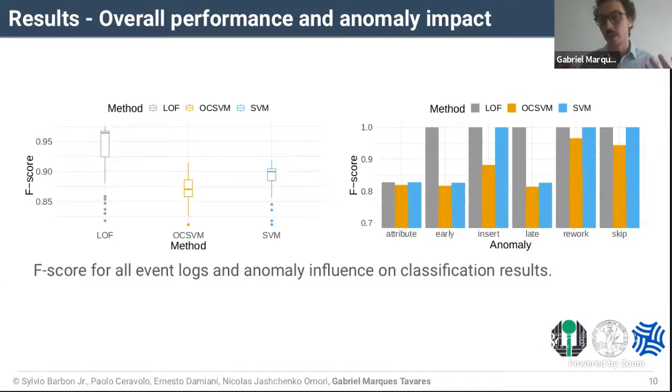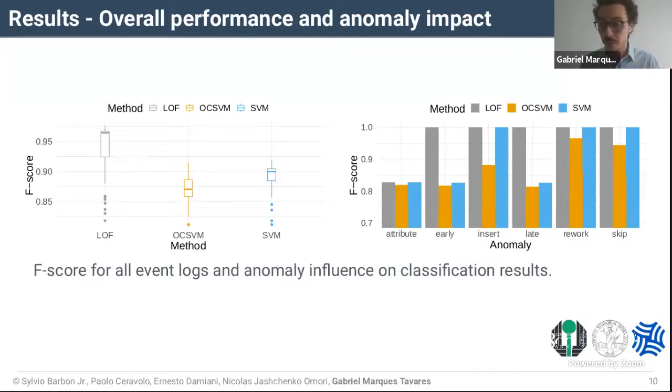For example, insert, where a random activity out of the process vocabulary is inserted in the control flow, or rework, where the activity is reworked, like looped. This has a high impact in the control flow, and it's easily captured by the word2vec encoding algorithm, and consequently also easily detected by the classification algorithms.